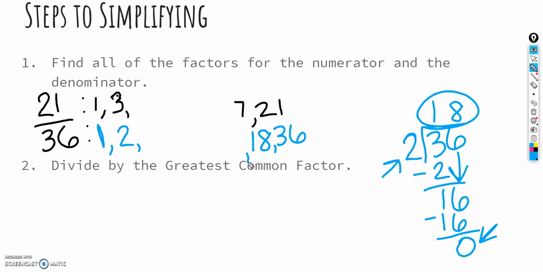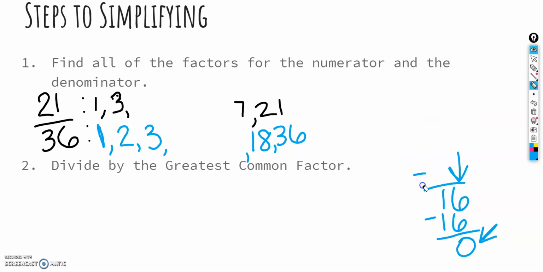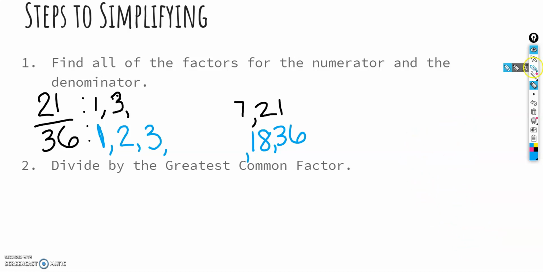Then I'm going to try 3. 3 times what? Okay, let me erase what I have over here and show you working out 3. So we're going to try 3. I know it works, but I want to see if you guys know it works.